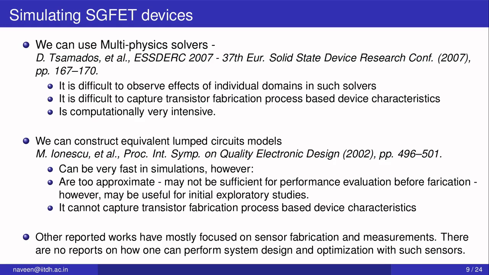However, it is very useful for initial exploratory studies. And again, like the previous case, this also cannot capture the transistor fabrication process or the device characteristics. It can only capture the mechanical part and the circuit domain part. The transistor component essentially has to be modeled using a conventional transistor, which is a little inaccurate in this case.